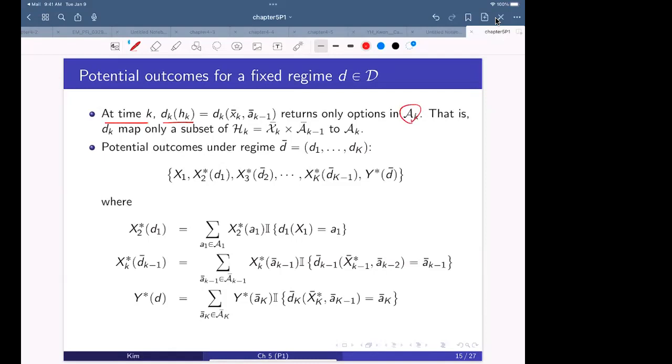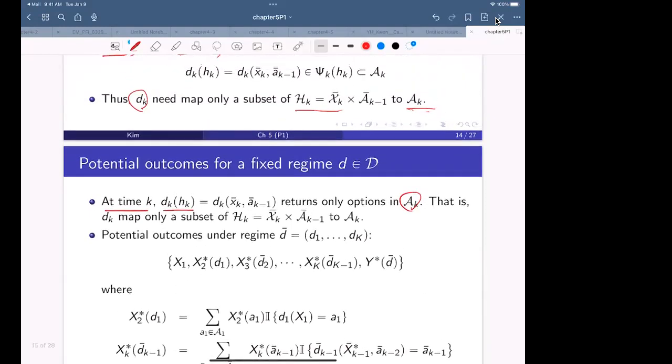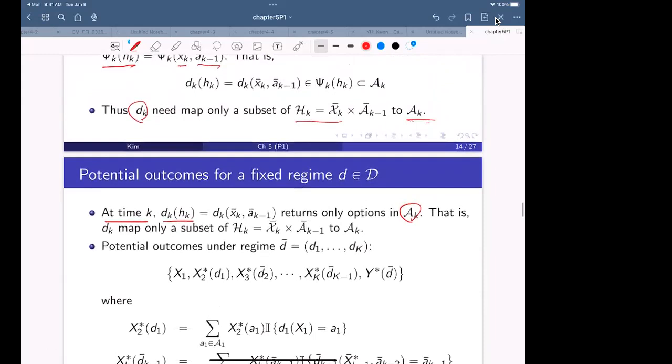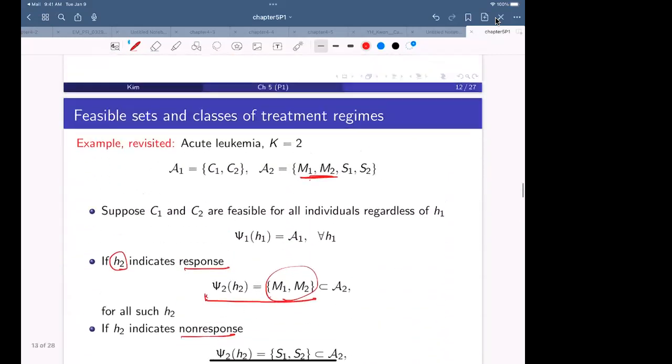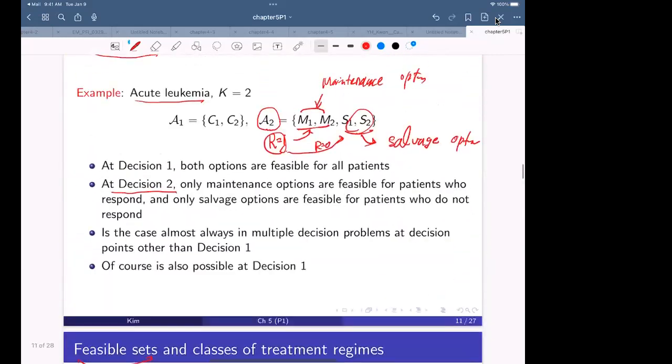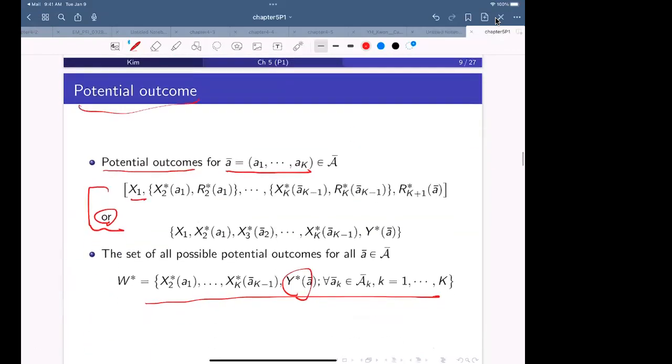And now, why are we repeating the same thing? Previously we discussed the potential outcome for A. So here, potential outcome for a given A.